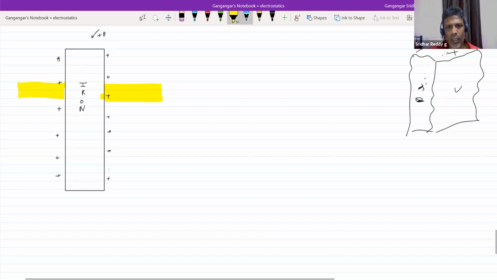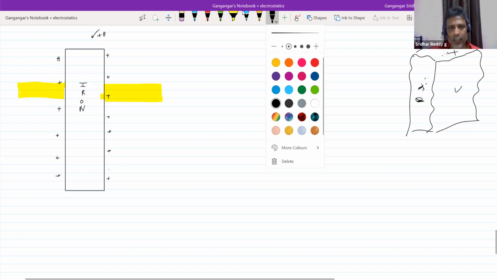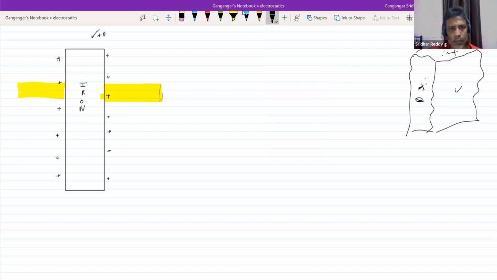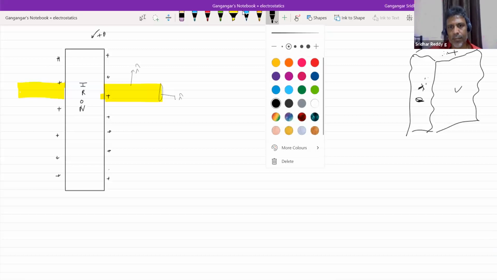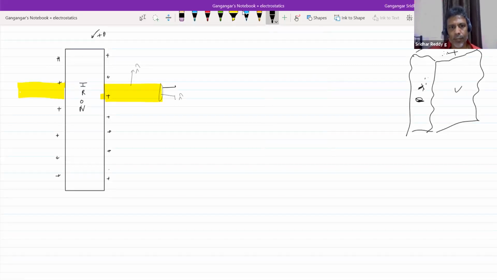So here, let me do it a little differently. There's a cylinder. So here, the n cap for this surface will be like this, and the n cap for this will be like this, and the E bar will be in this direction. Similarly, the n cap for this will be along E bar, and here n cap. So there are surfaces, this is surface 1, 2, 3, and 4.